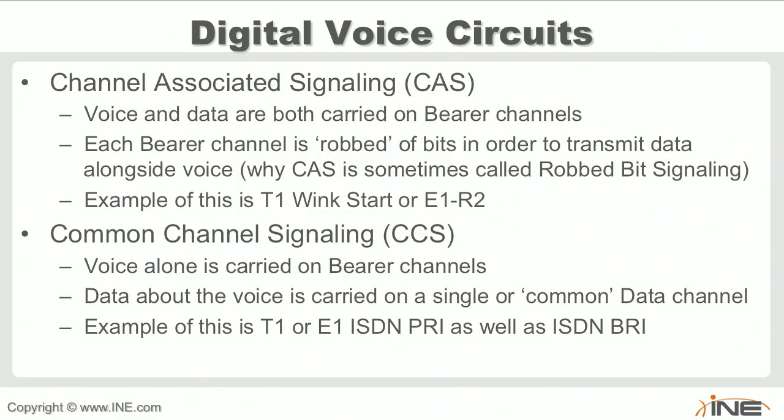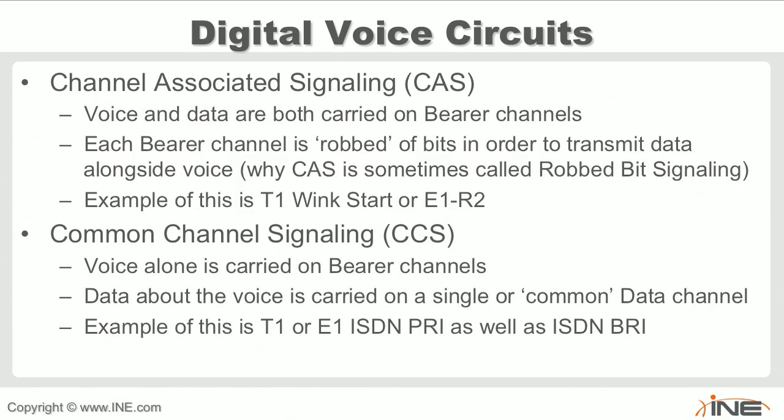So looking at common channel signaling, on our voice bearer channels, the only thing that is carried is the actual voice samples. Data, or signaling about the voice, is carried on a single common channel. An example of this is a T1 or E1 ISDN PRI, as well as an ISDN BRI.